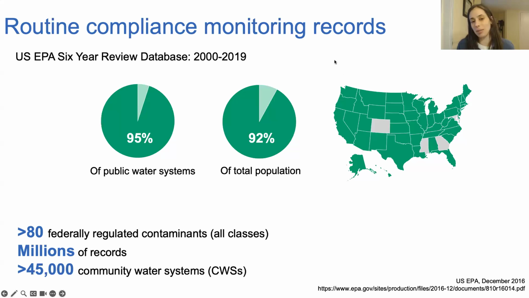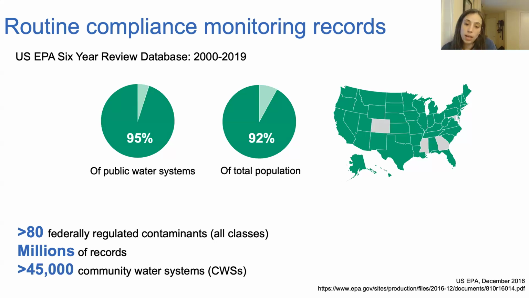So when we make these estimates in public water, we pull from a US EPA database that currently covers 2000 through 2019. This particular database includes routine compliance monitoring records for almost all public water systems and most of the population served by public water systems. You'll notice there are some states here that are grayed out. To deal with these states that didn't voluntarily submit data, we web scraped those records when they were available.